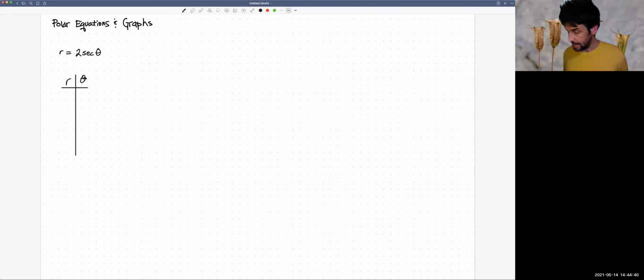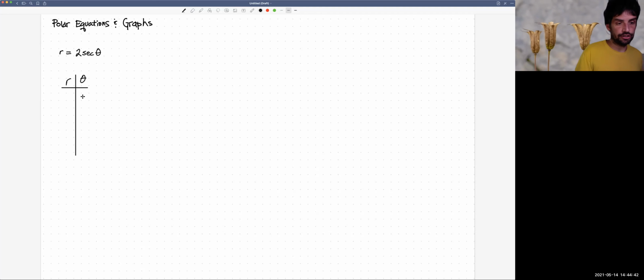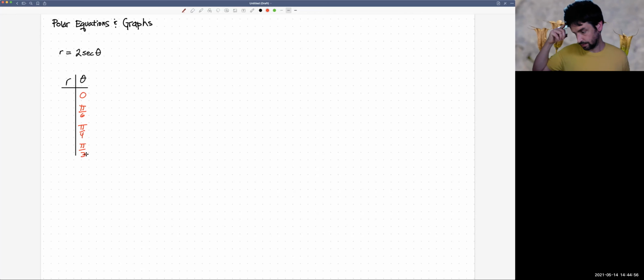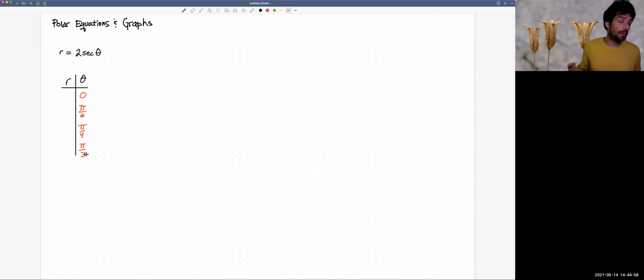Okay, and I'll put in some values. So let's just start with 0, pi over 6, pi over 4, and pi over 3. And I'm just going to put those into the equation and compute what r is, right?